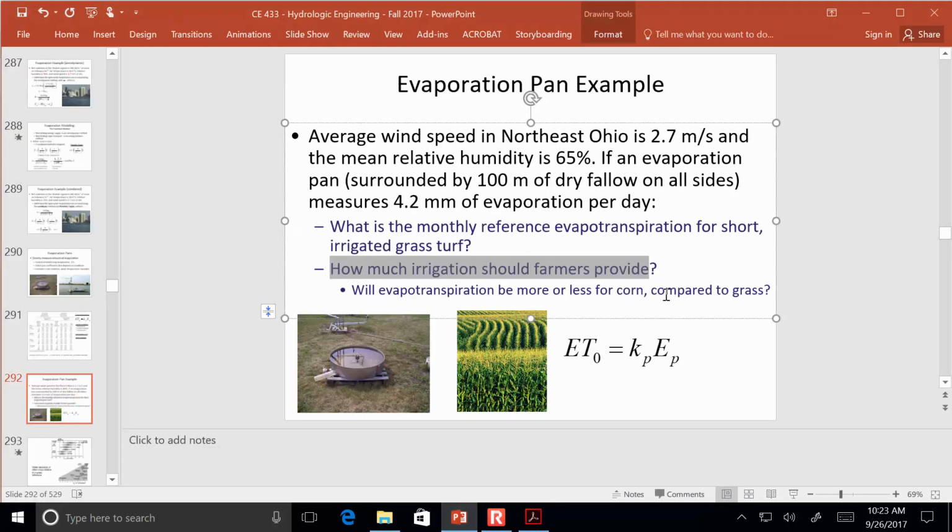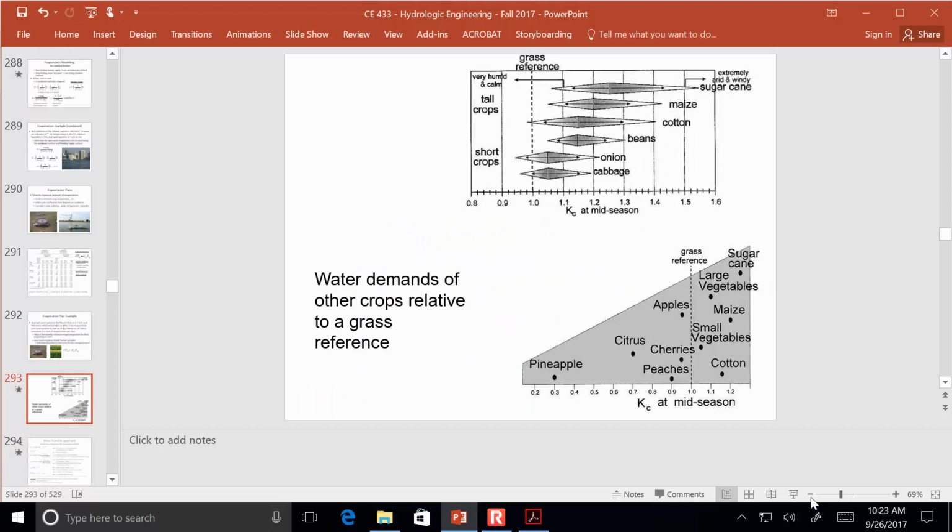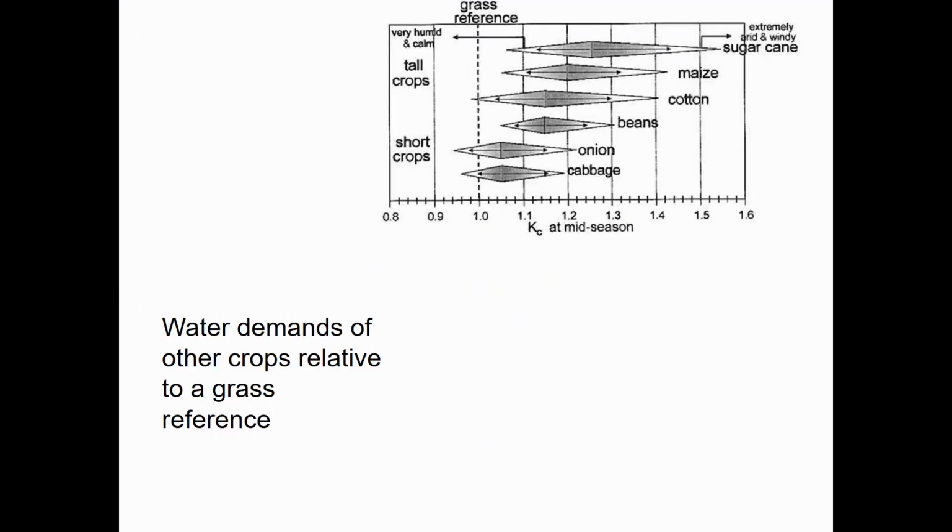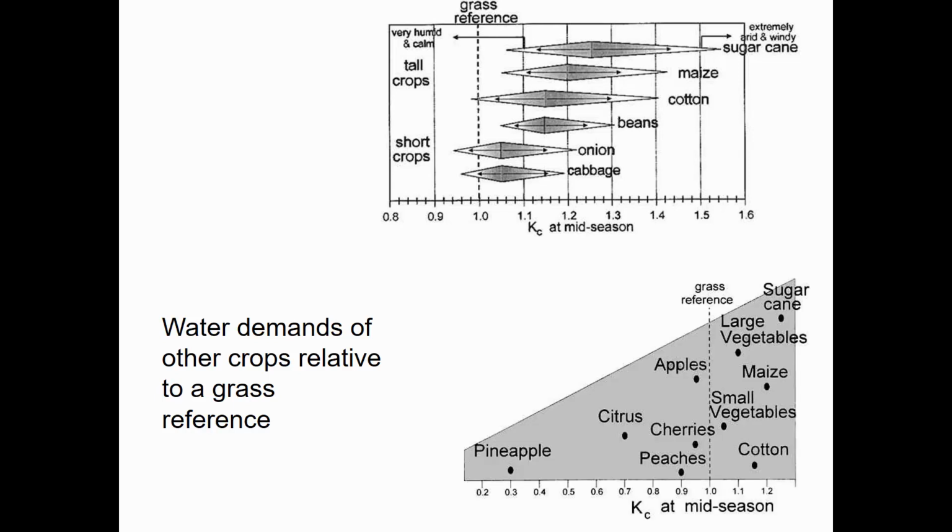So what about corn? What would you expect compared to grass? Here's a figure that addresses that: the relative demands of different grasses. Grass as a reference is this line here. Maize is another name for corn.